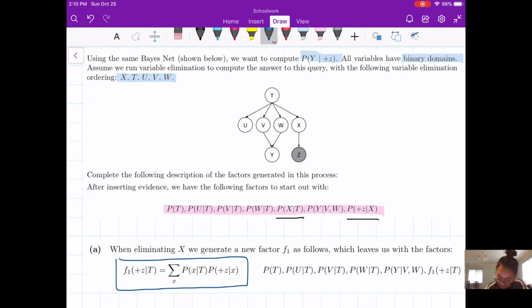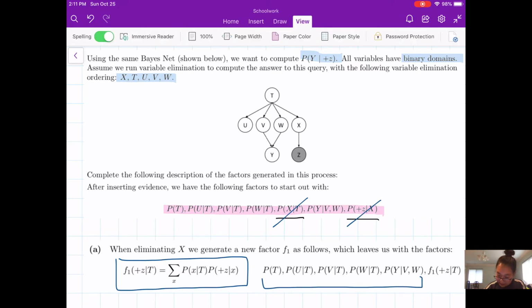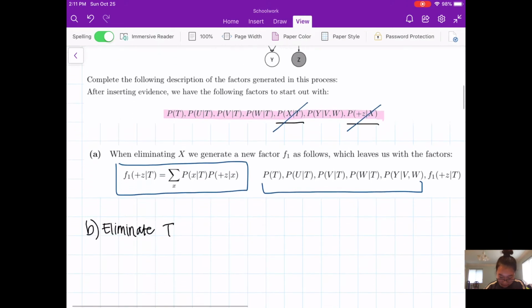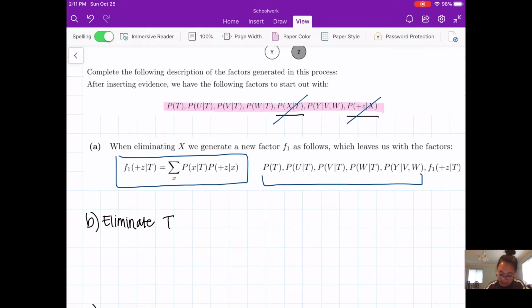And then this new factor will end up replacing the two factors we used before. So that's why our remaining factors are the other 5 factors, plus the new factor f1. Cool. So now let's continue eliminating and go on to part B, where we are going to eliminate t.